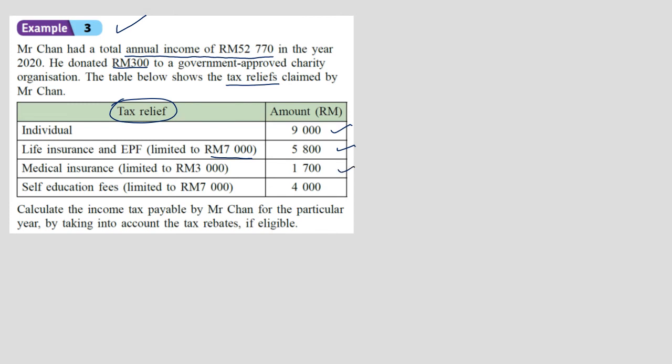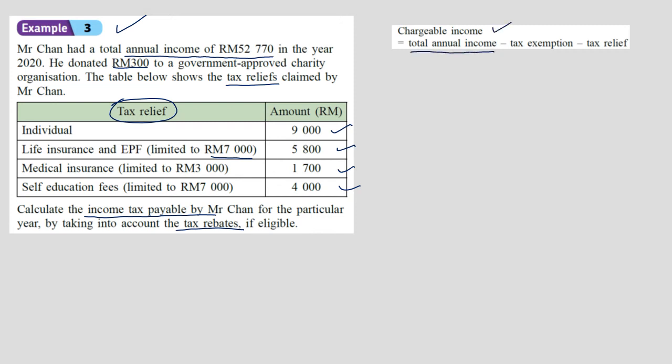Medical insurance 1,700. Self-education 4,000. So you have to calculate the income tax payable by Mr. Chan for the particular year by taking into account the tax rebates if eligible. Okay, so first, the chargeable income will be your total annual income, 57,770, minus the tax exemption of 300.